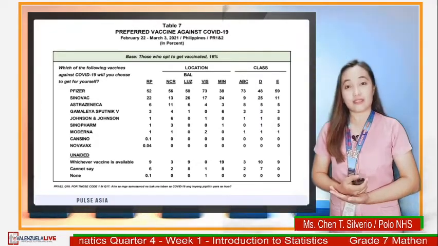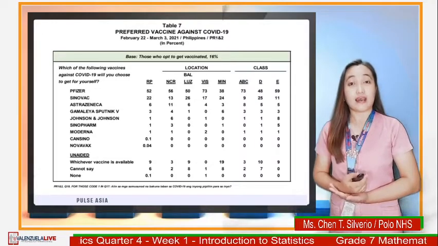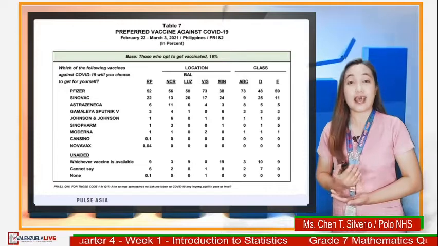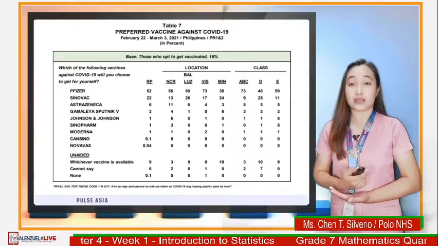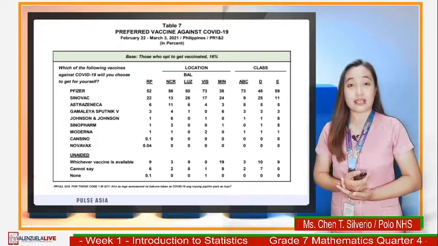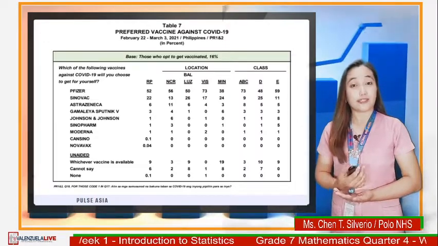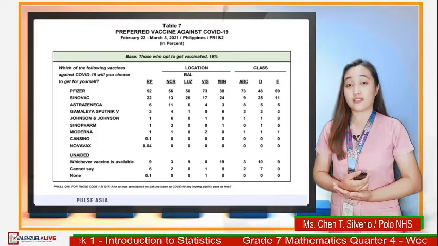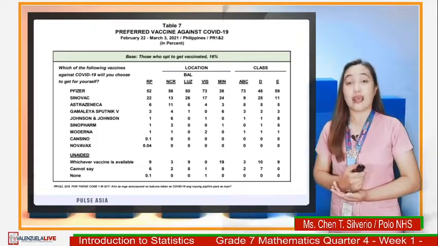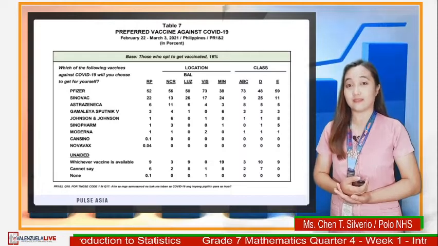Other COVID-19 vaccines preferred by at least 1% of those willing to get vaccinated against the disease are those made by the AstraZeneca, 6%, Gamaleya Research Institute, 3%, Johnson & Johnson, 1%, Sinopharm, 1%, and Moderna, 1%.